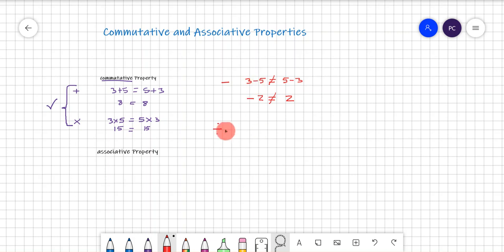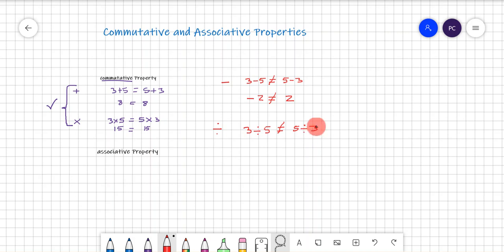Likewise with division as well. If I was to take, let's say, 3 divided by 5, 3 divided by 5 is not equal to 5 divided by 3.